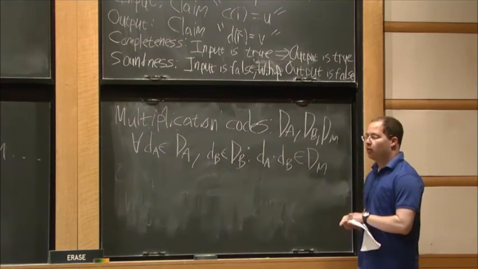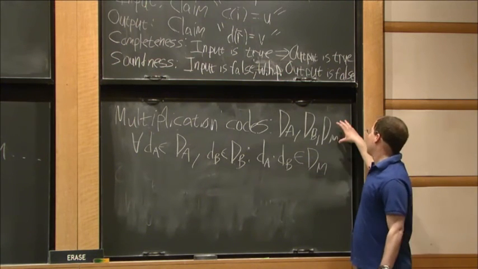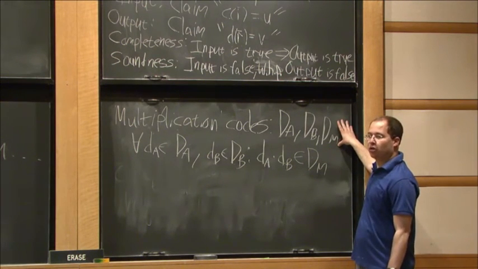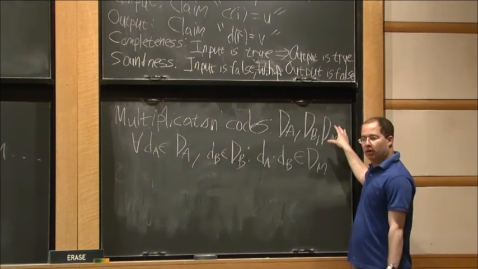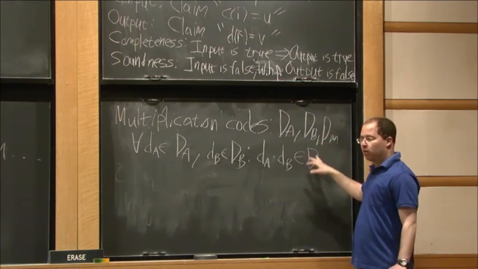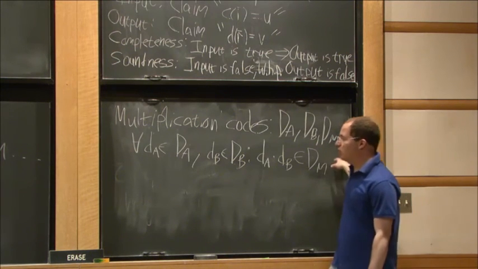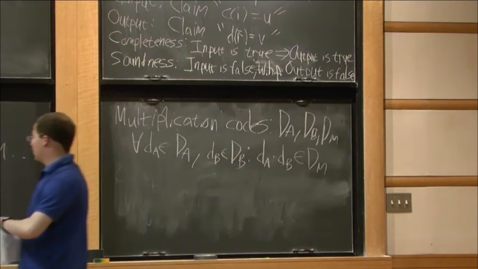And as we will see in a second, we can construct such a triplet of codes easily from an arbitrary code D. But let's see first how we use this here.